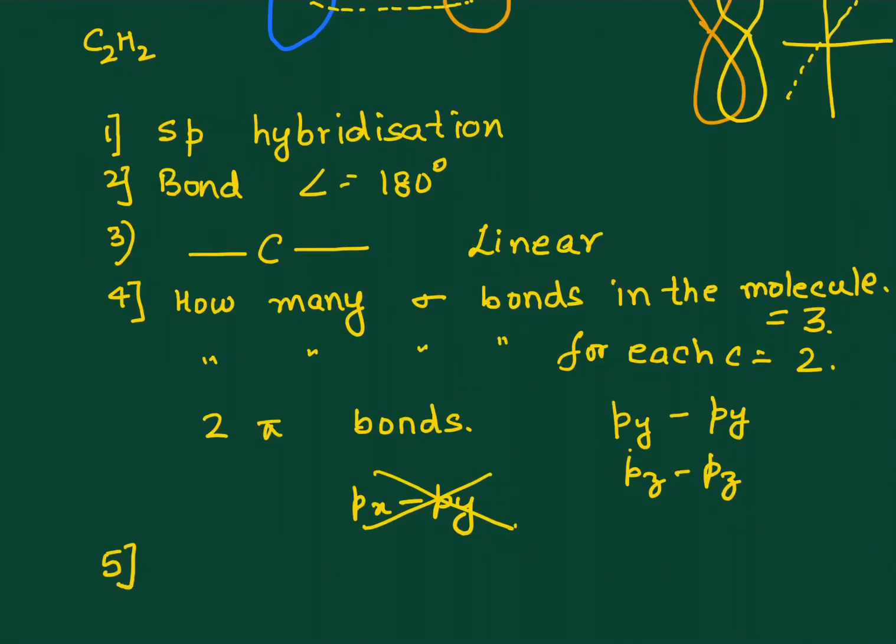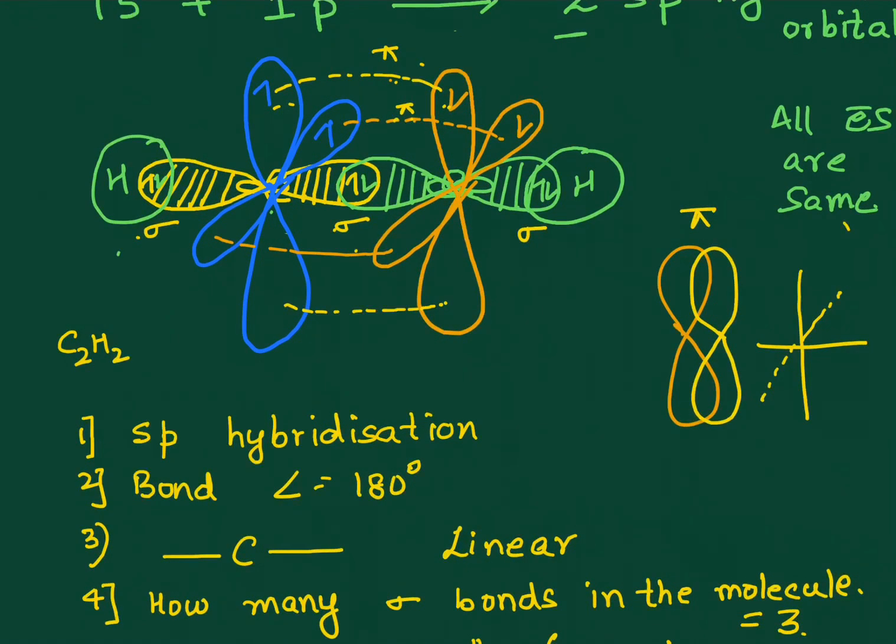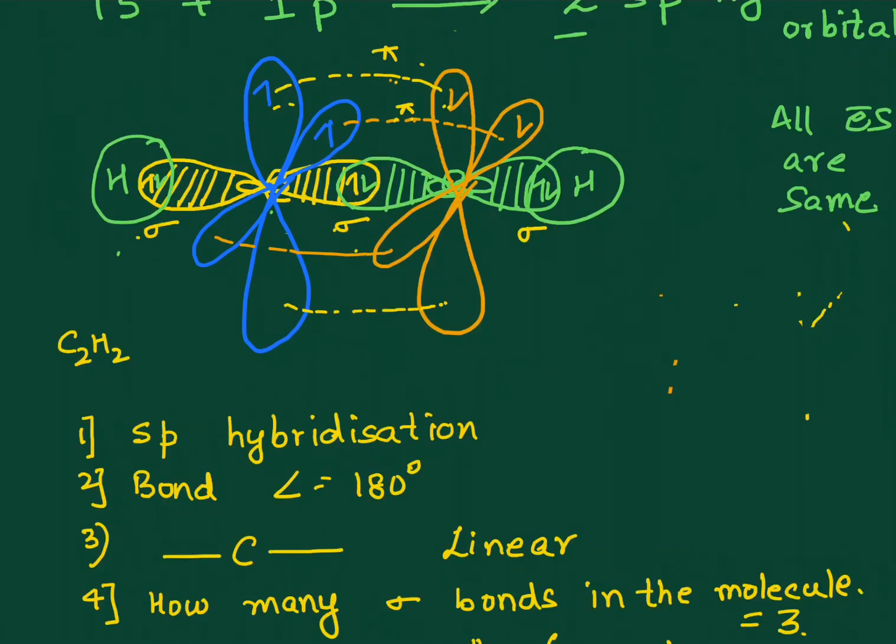Next question. What are the type of overlaps that you are seeing? Overlaps means what type of orbitals are undergoing an overlap over here. Look at the picture. If you watch the previous video on sp2 hybridization, you will be able to answer this question very smoothly.